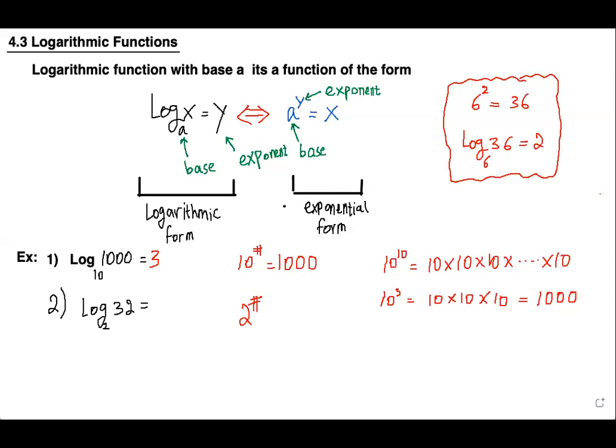This is correct. 2 to the power 5 equals 2 times 2 times 2 times 2 times 2, 5 times, and this equals 32. So the exponent should be 5. Okay, any questions?